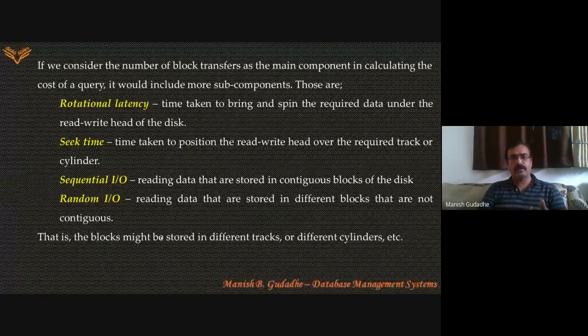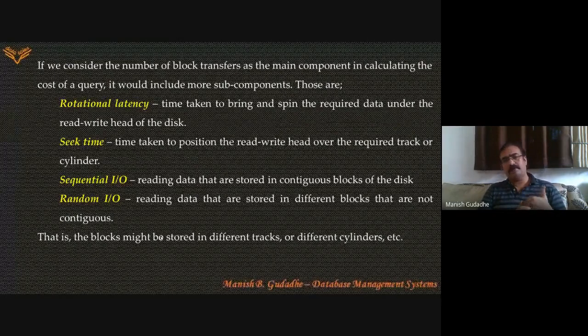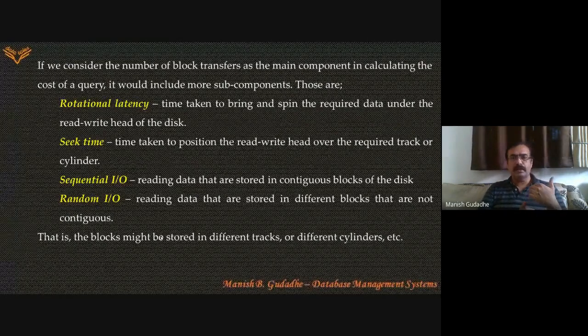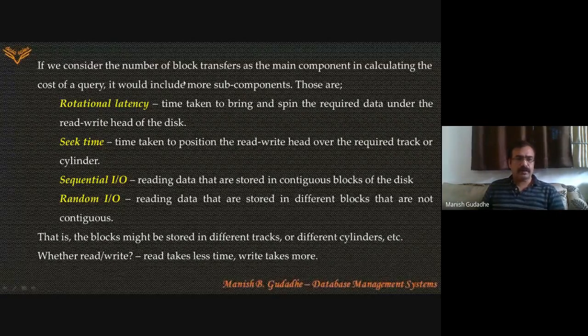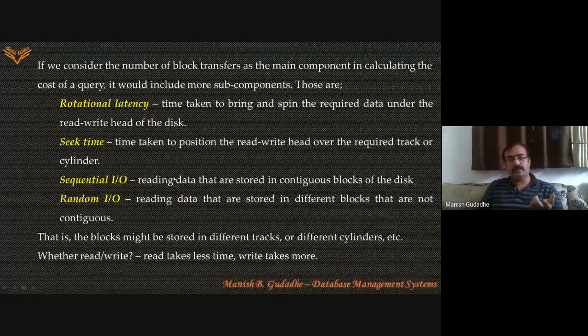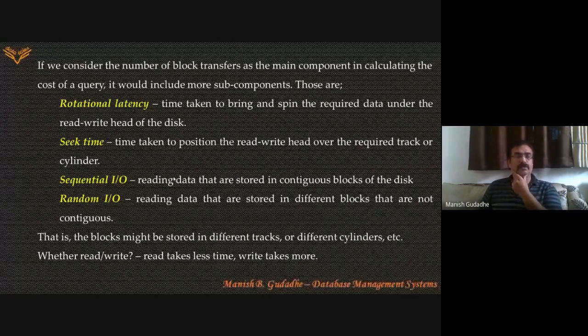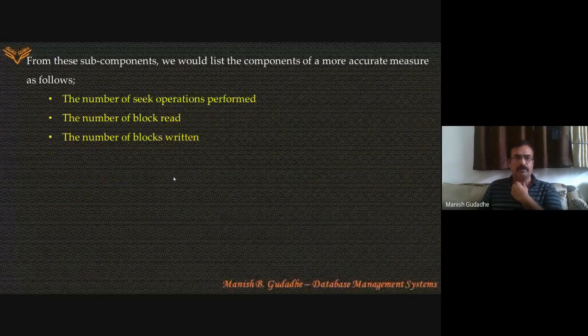Sequential IO means we will have to keep reading continuous blocks, and random IO is where the blocks are not contiguous or some indexing is imposed. So all these times will be involved in a block transfer, and still we are not talking about the network time, which may be there in the case of a distributed network. When networks get involved, that is the maximum time consumed.